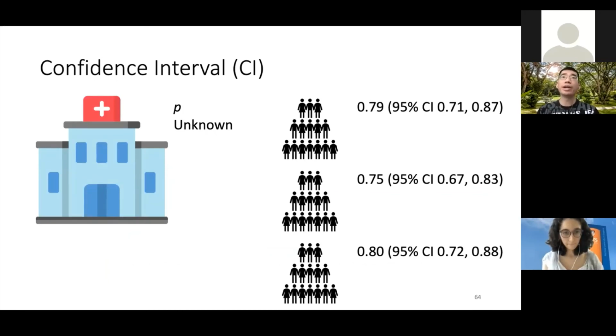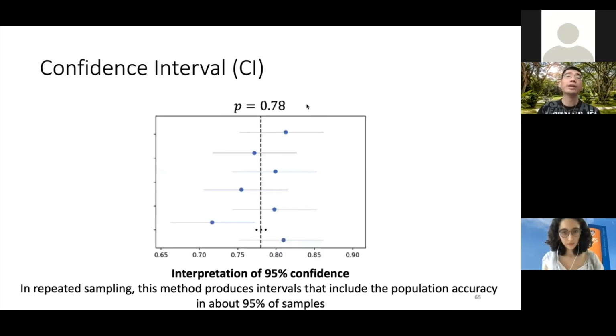Let's say we were able to repeatedly sample 100 patients from the population several times. And each time we get a different sample and hence a different sample accuracy. And we can also compute the confidence interval associated with each sample, okay? And we can look at these samples on a plot. For each of these samples, we can plot the sample accuracies, here represented by the circle, and the lower and upper bounds of the confidence intervals of the samples, okay?